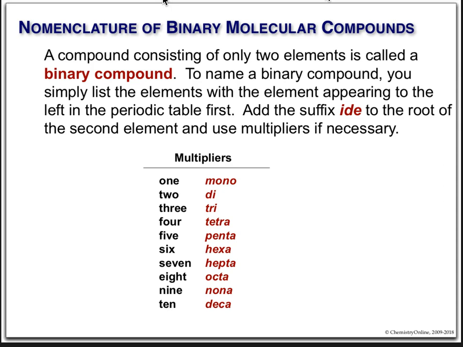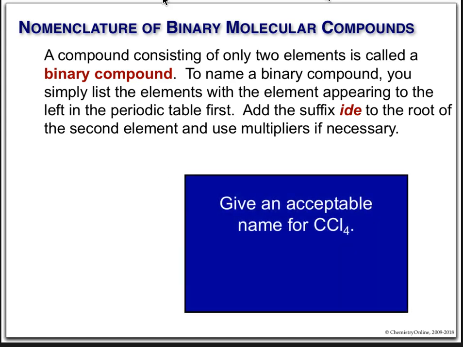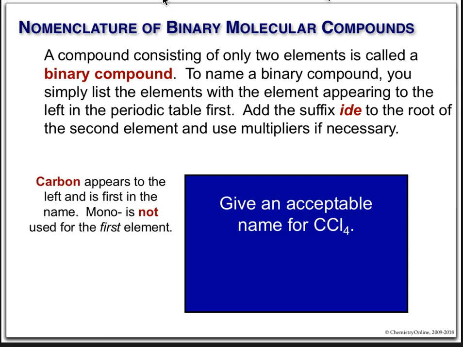Show you how simple this is. CCl4. We have 1 carbon, don't we? But we don't use mono for the first element. So the first word of our name is simply going to be carbon. Now we have 4 chlorines.